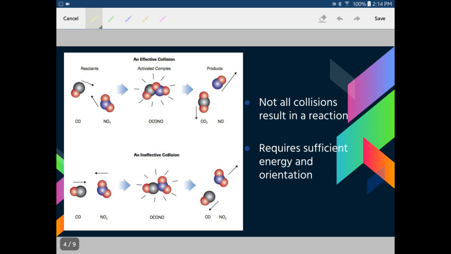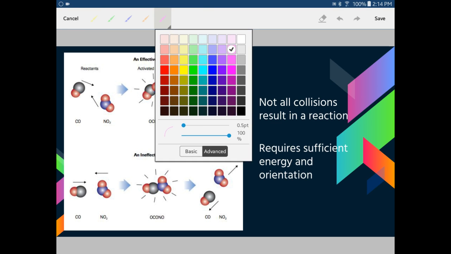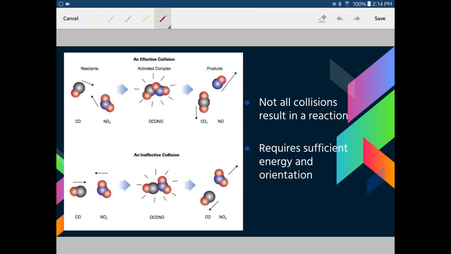two examples here, and I'm just going to change this to a color that we can see. When we look at our effective collision on the top, we notice that two reactants come in, in this case carbon monoxide and nitrogen dioxide, at the right angle and the right speed, or the right amount of energy, to create this activated complex.